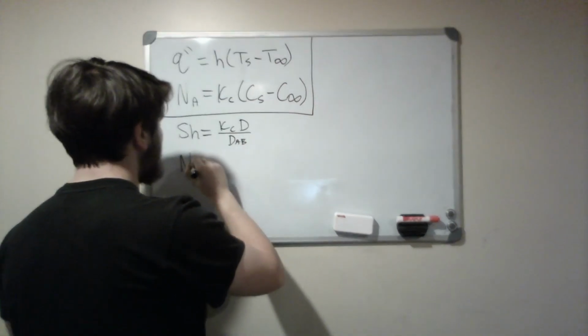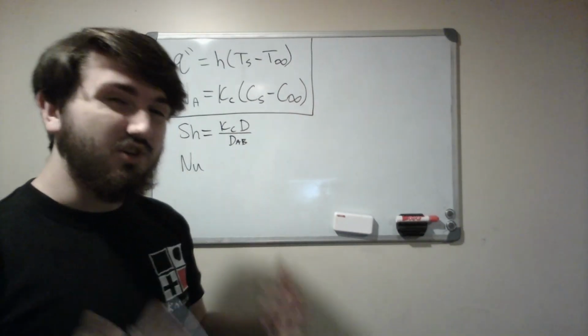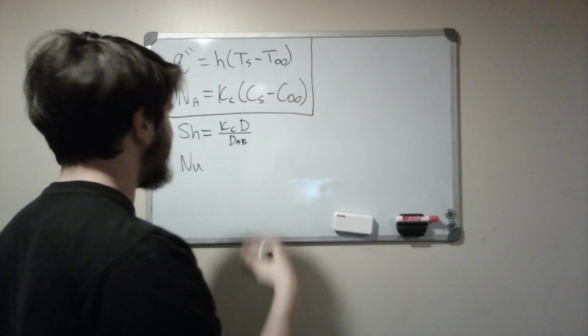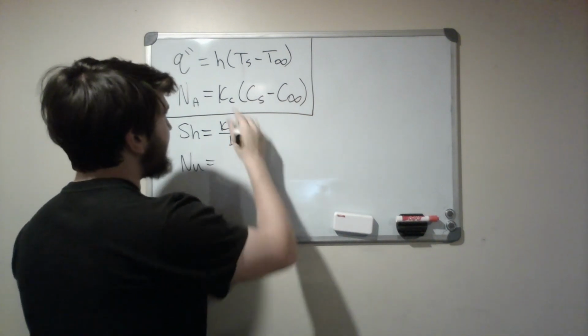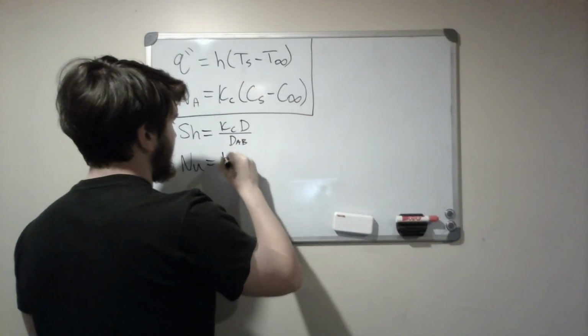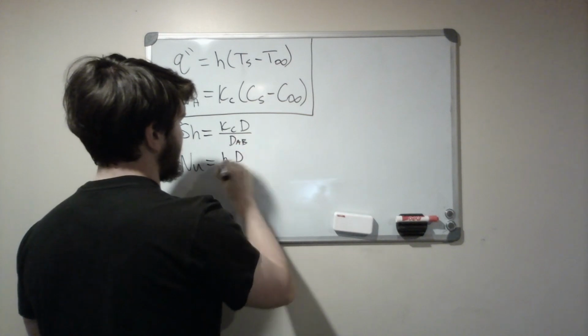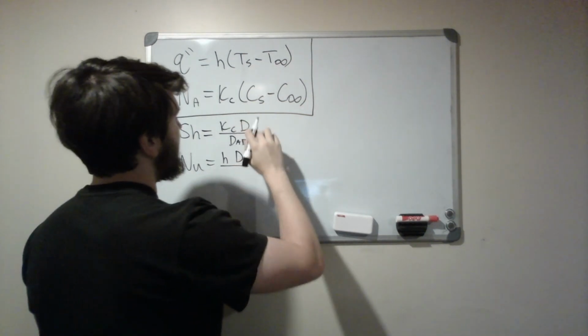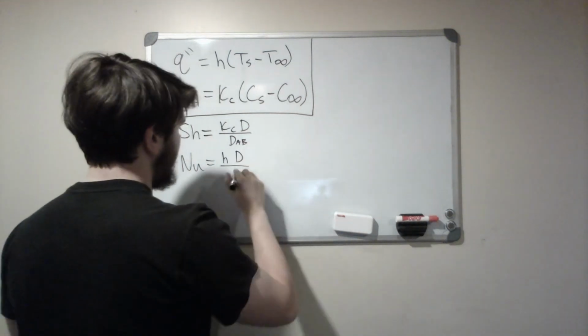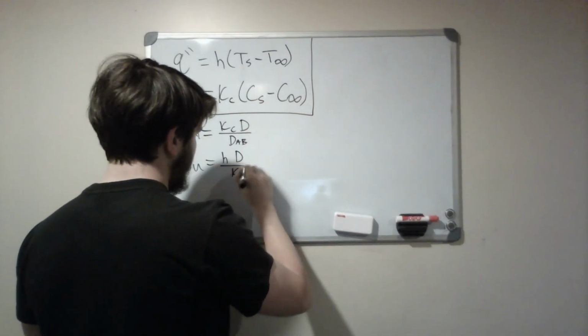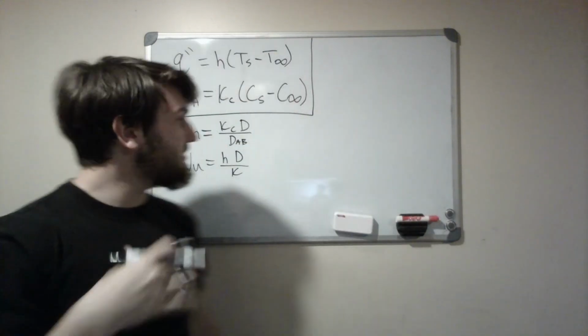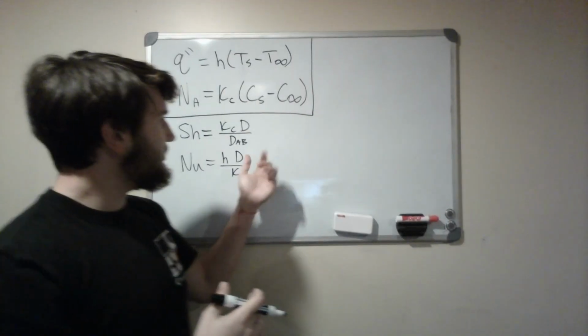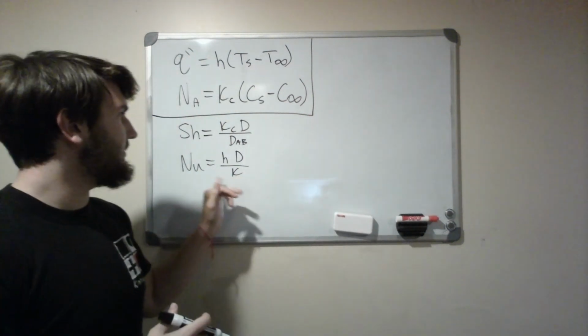And it's called, I'm going to botch the name of it, the Nusselt number. And that takes that heat transfer coefficient times that distance over, and instead of that concentration coefficient, we're going to be working with the heat coefficient there.